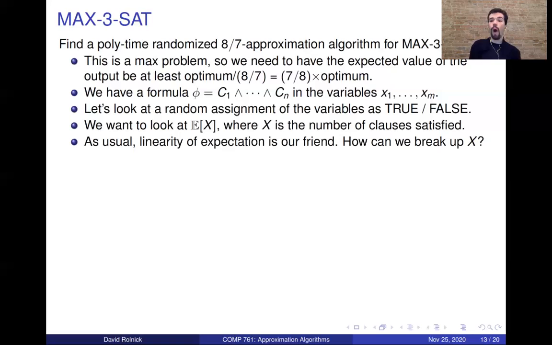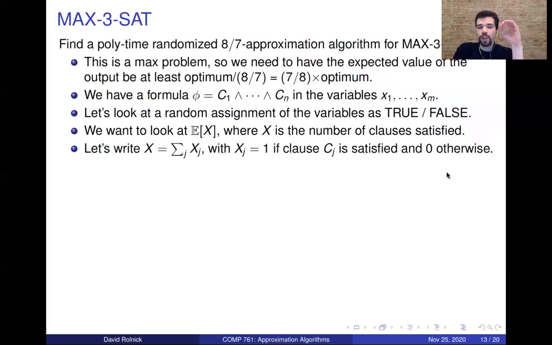The expectation that one clause is satisfied. This is a really good way to do things in general with expected values. Imagine that you have an indicator function where your variable xj is just 1 if clause j is satisfied, and 0 otherwise.